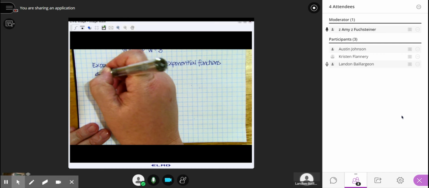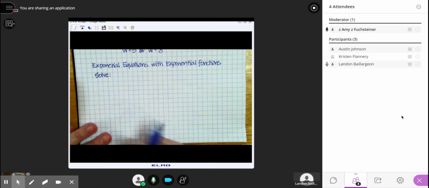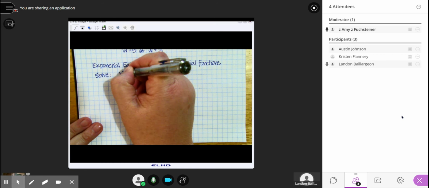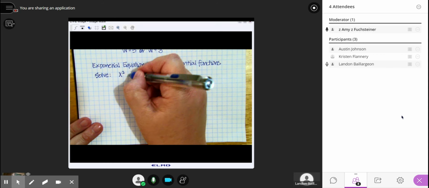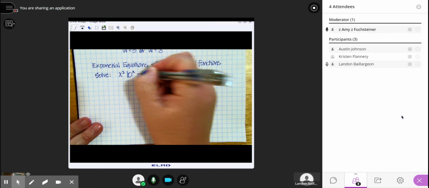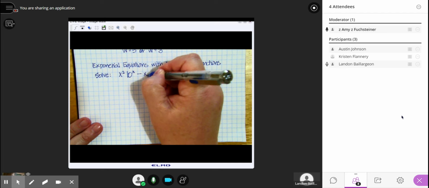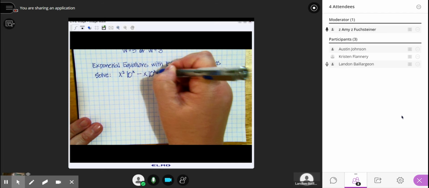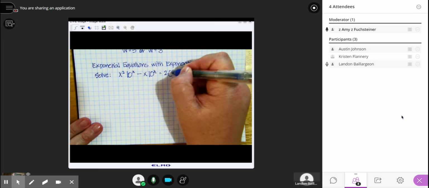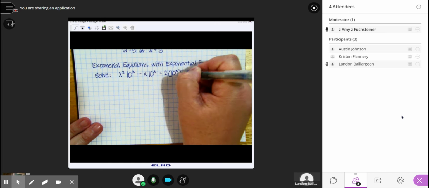All right, so for these, we're attempting to solve ones that have an exponential function in them, so 10 to the 2x minus 10 to the x equals 2 times 10 to the x.